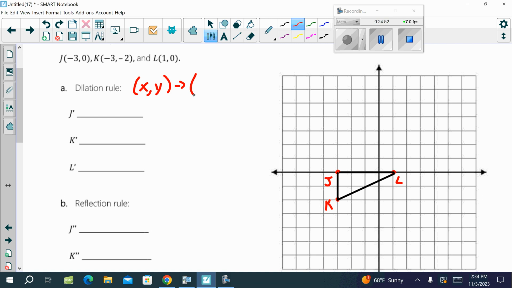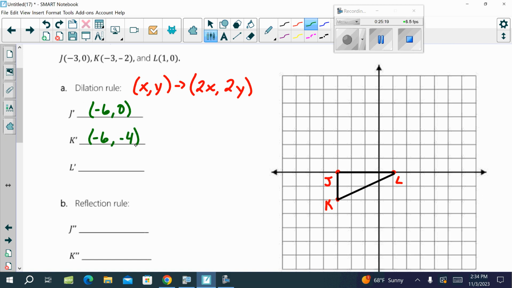A(x, y) goes to (kx, ky). What do we put in place of k? What are we doing? 2. 2x, 2y. Alright, so what's J prime going to be if we multiply by 2? Negative 6, 0. K prime? Negative 6, negative 4.